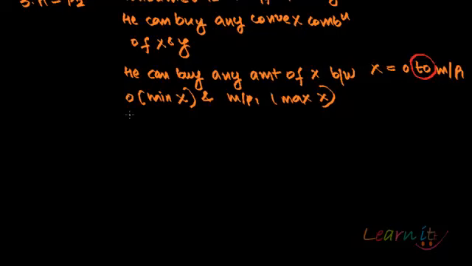So he can buy none of X. In that case, he is buying all of Y. He can buy all of X also.